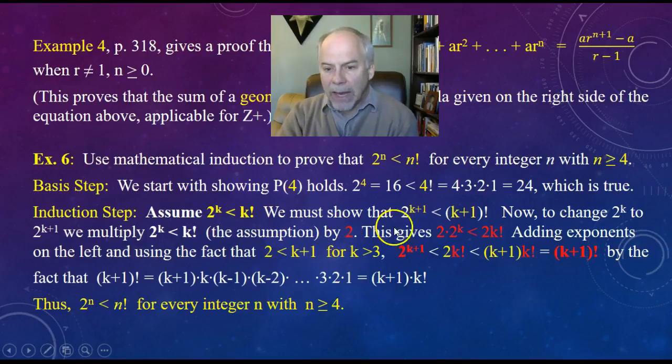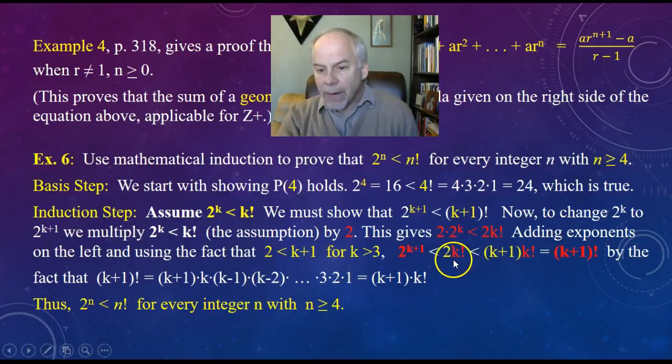So if you do that, you get what's in red here: 2 times 2 to the k is less than 2 times k factorial. So far, so good. And then, of course, we can add the exponents on the left side. So 1 plus k would give us 2 to the k plus 1 power. So the left side's taken care of.